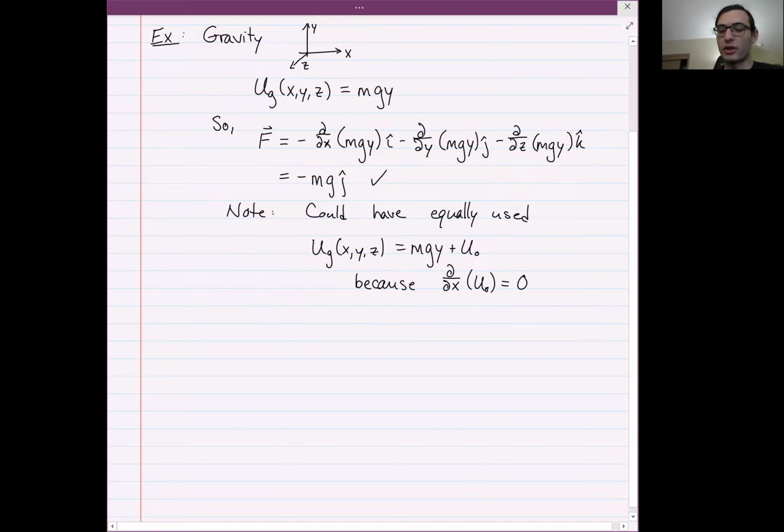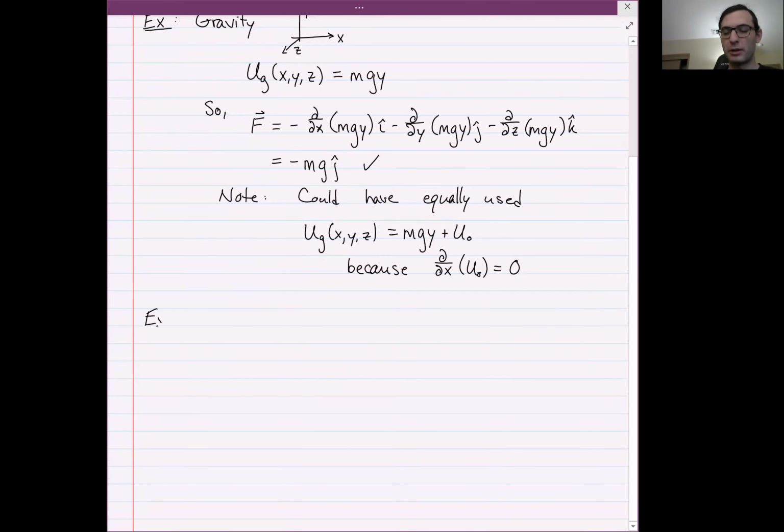So let's do another example. Let's do a spring that's displaced along the x-axis. Imagine that the spring is coiled up along the x-axis, and then we stretch it along the x-axis.